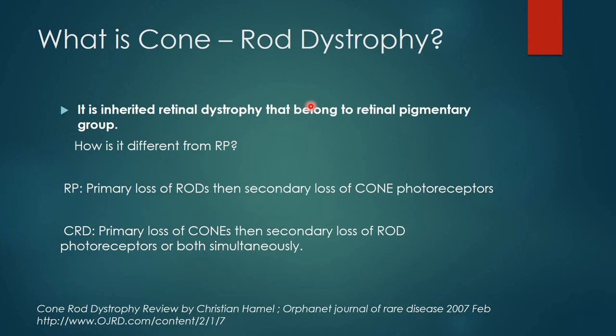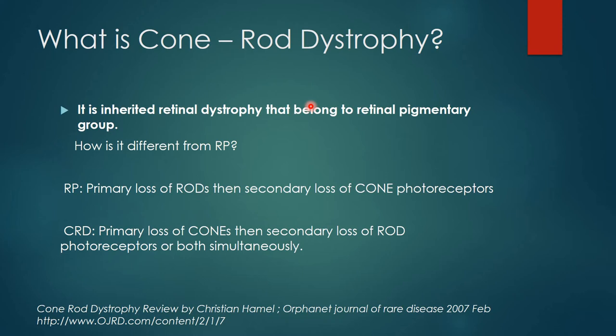Okay, so what is cone rod dystrophy and how is it different from retinitis pigmentosa? Cone rod dystrophy is an inherited retinal dystrophy, and it affects the retinal pigmentary part of the eye. How is it different from RP, retinitis pigmentosa?